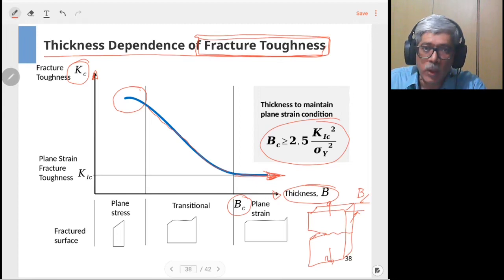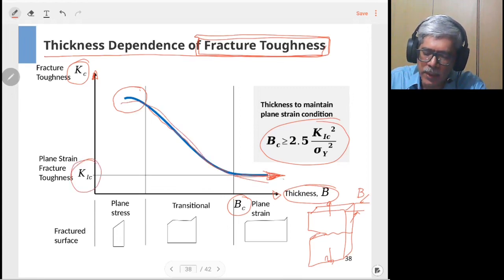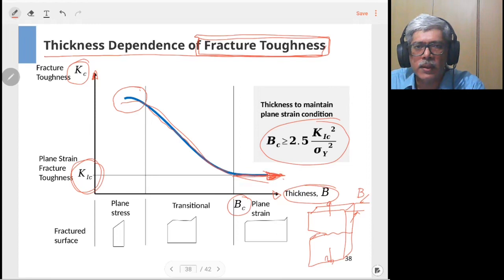But what is important is that in the calculations we use, in the design data book or the material handbooks, you will find that the fracture toughness of the material is not given in terms of this graph. You will find a single number, and that single number corresponds to the constant value of K1C beyond a certain thickness.